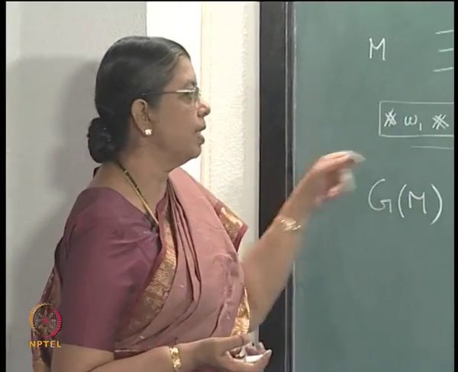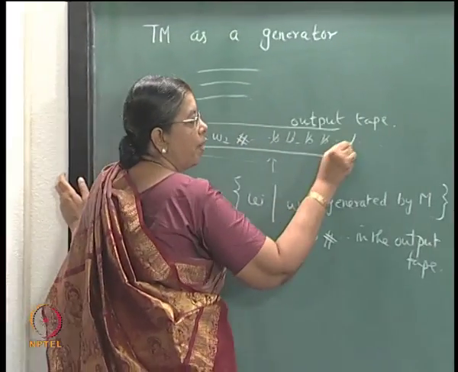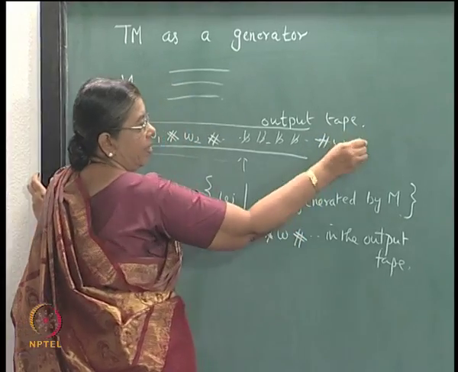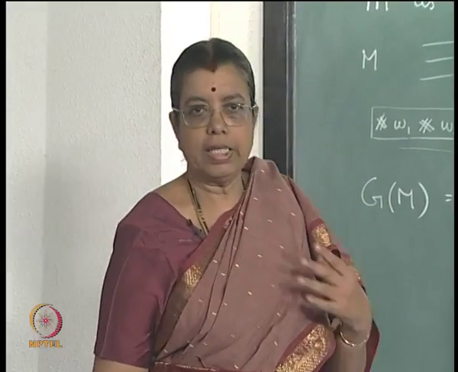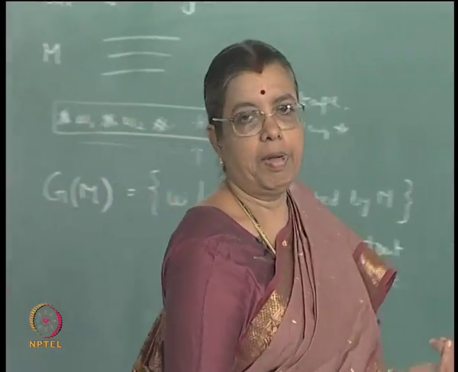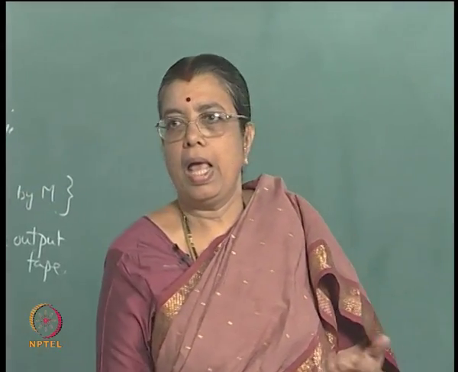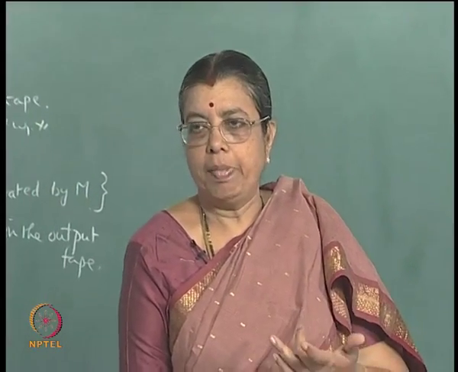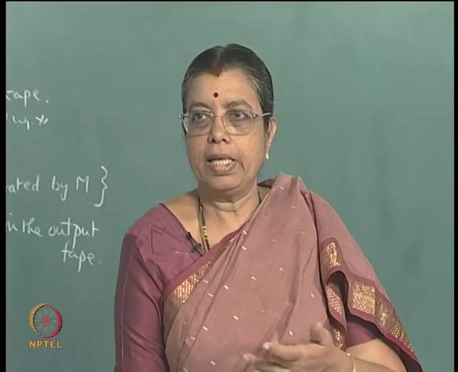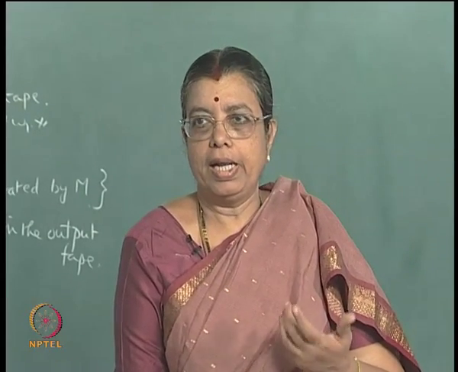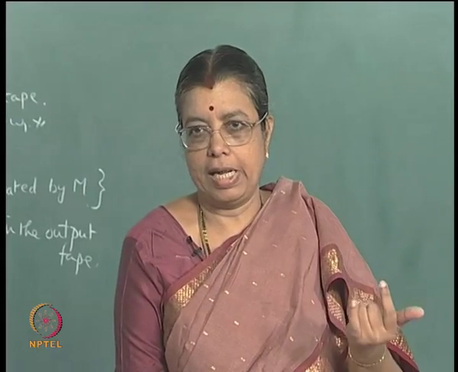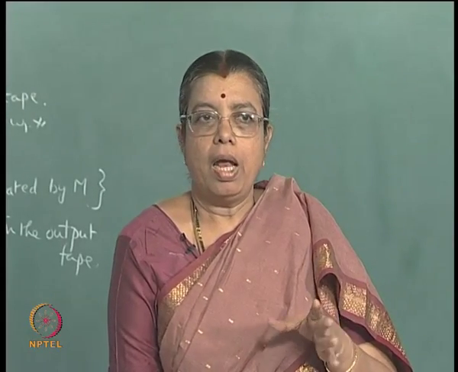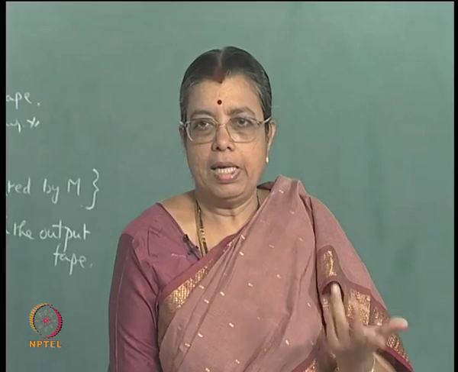So, W1 is generated here, after some time it may again be generated, does not matter, there is no such restriction. Strings are generated between hash symbols, and all such strings belong to G of M. Longer strings can be generated first, shorter strings later, and so on.